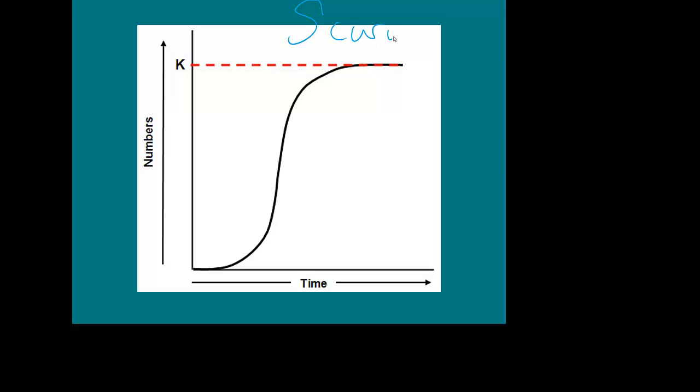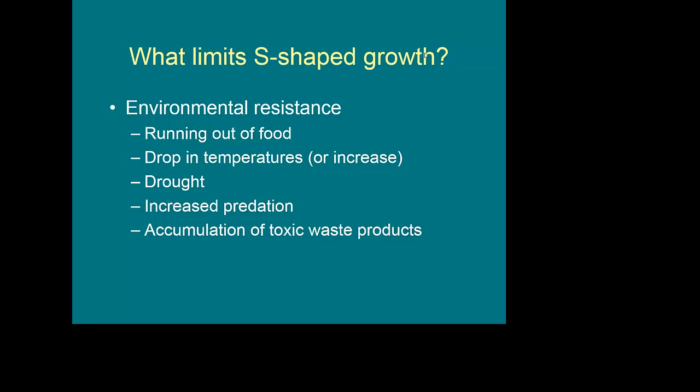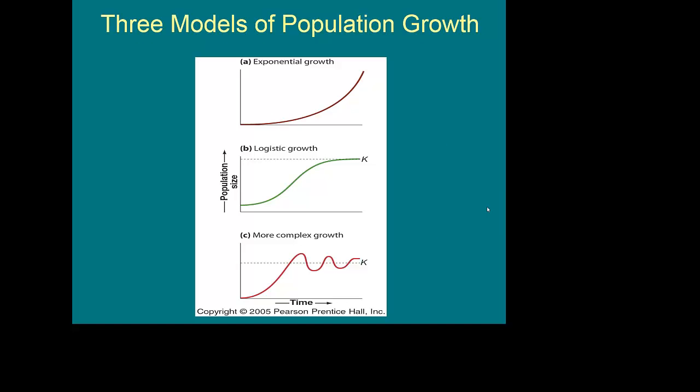And this is really more natural in a population. We would expect something to be limiting this population, particularly something like food resources, changes in temperature, predation, toxic waste, those sorts of things would certainly limit the population growth and how well it's doing.